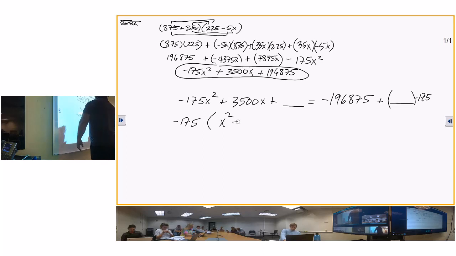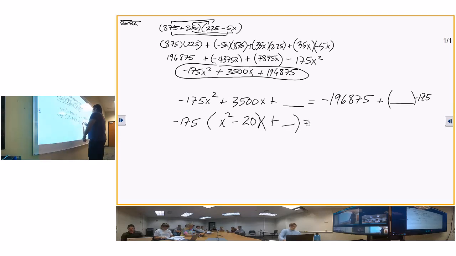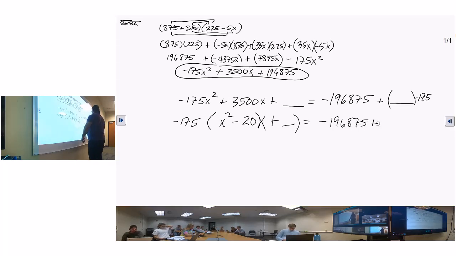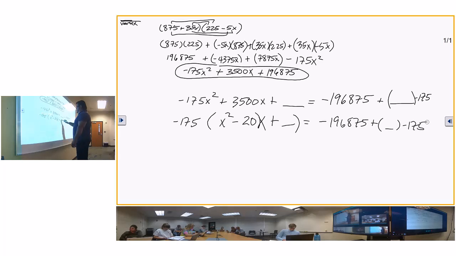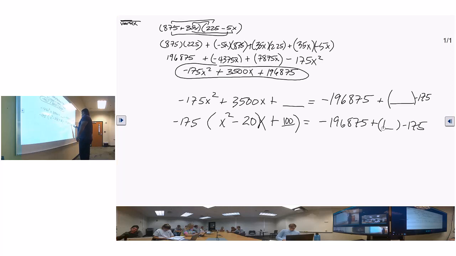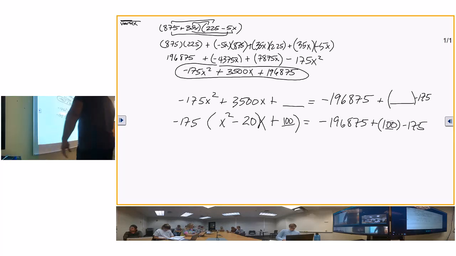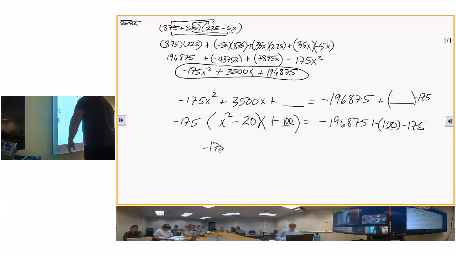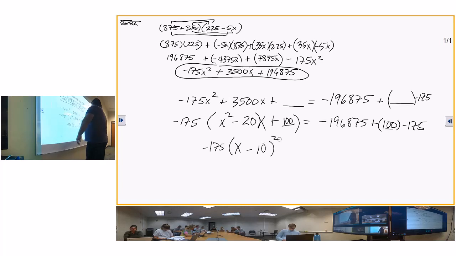X, sorry, plus blank is equal to -196,875 plus parentheses times -175. So half of 20 is what? 10. 10 squared. So -175 times (x minus 10) squared is equal to, okay, that's going to be -17,500.